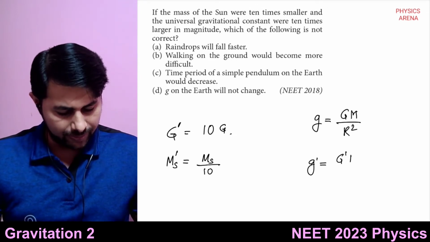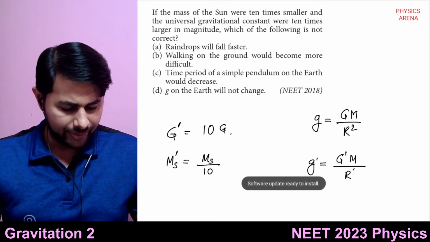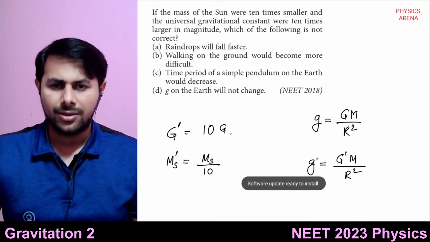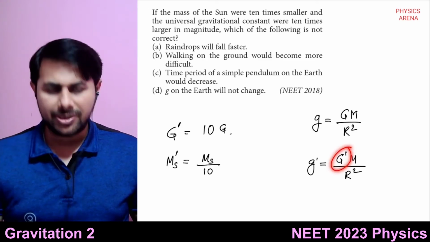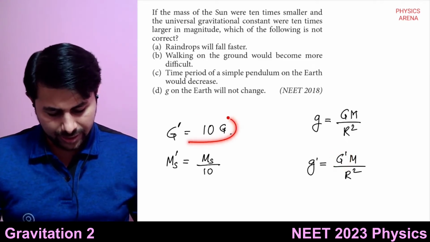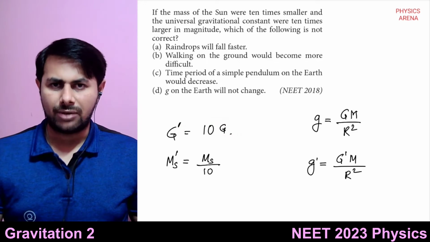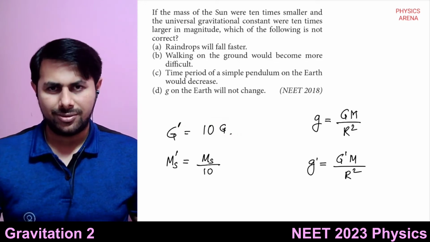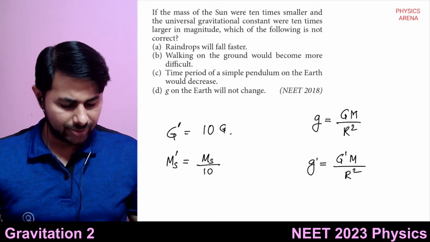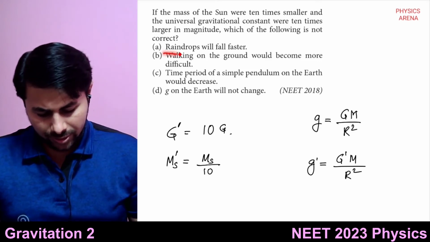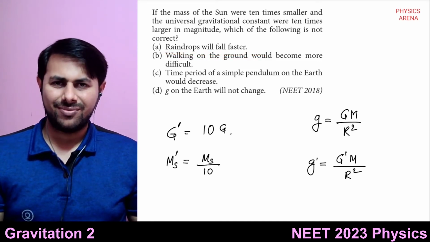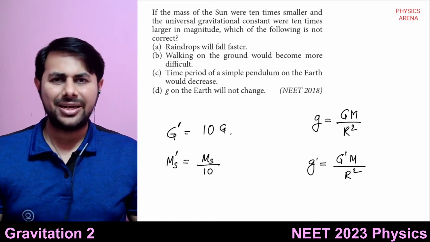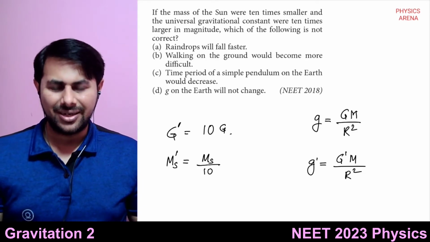So it is G prime multiplied by M divided by r square. Now G prime is 10 times of G, so acceleration due to gravity will become 10 times larger. So raindrops will fall faster because Earth is attracting them with 10 times greater magnitude, right?